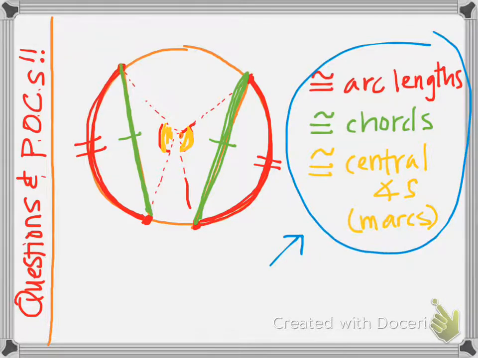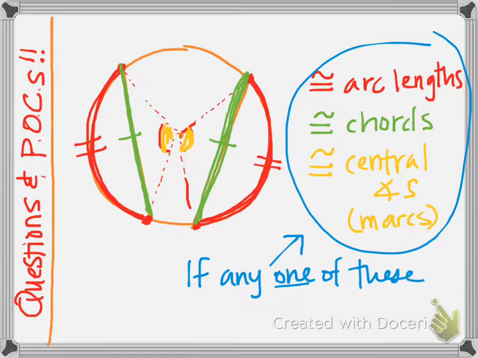If any one of these three things is true, then all three of these are true. So write this down. If any one of these is true, then all are true.